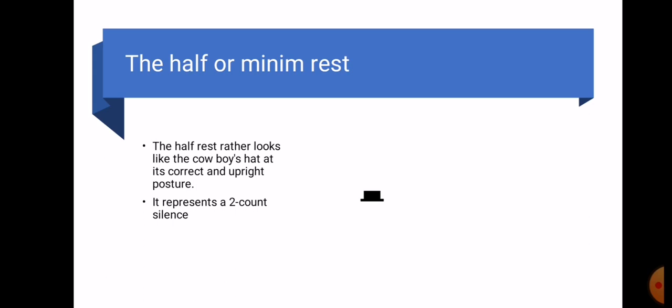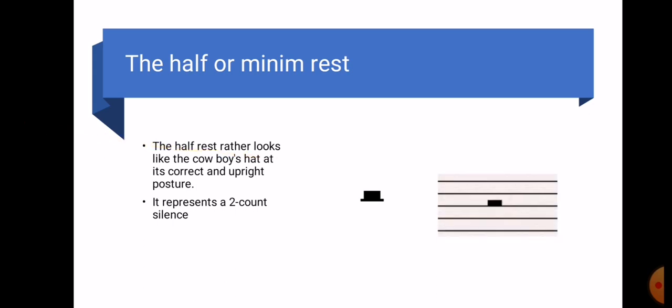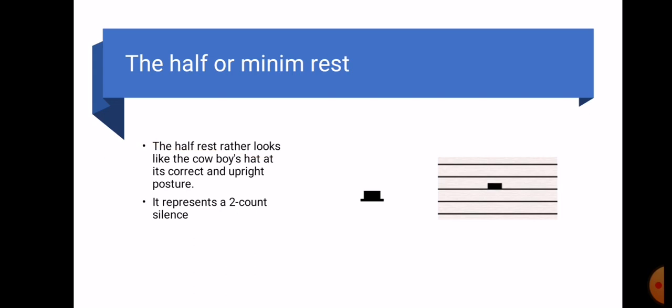One is turned upside down and the other is at its right position. This has a 2 count silence. It means that as we count 1, 2, you have to keep quiet for such a length of time. That is how it's represented on the staff. You see the shaded portion is on top of the line, while that of the semibreve has the shaded portion below the line.